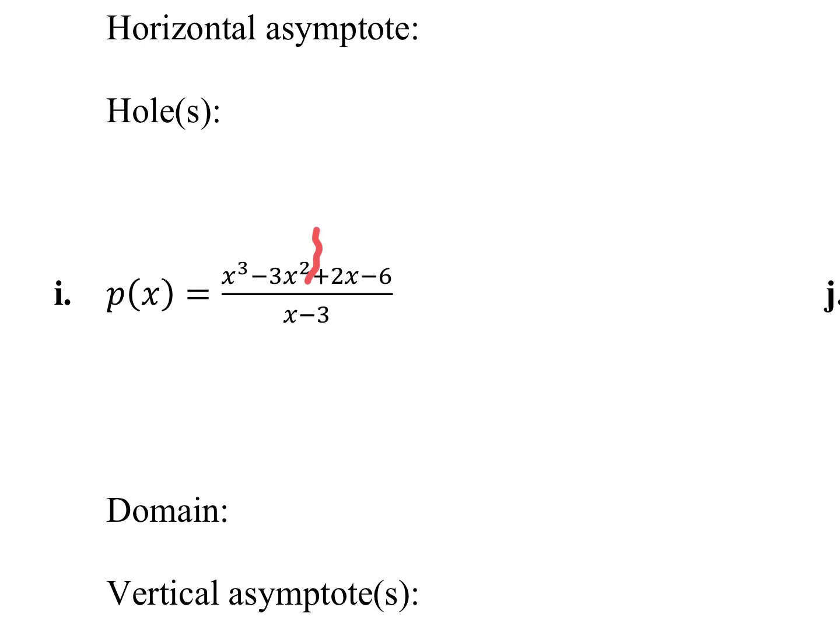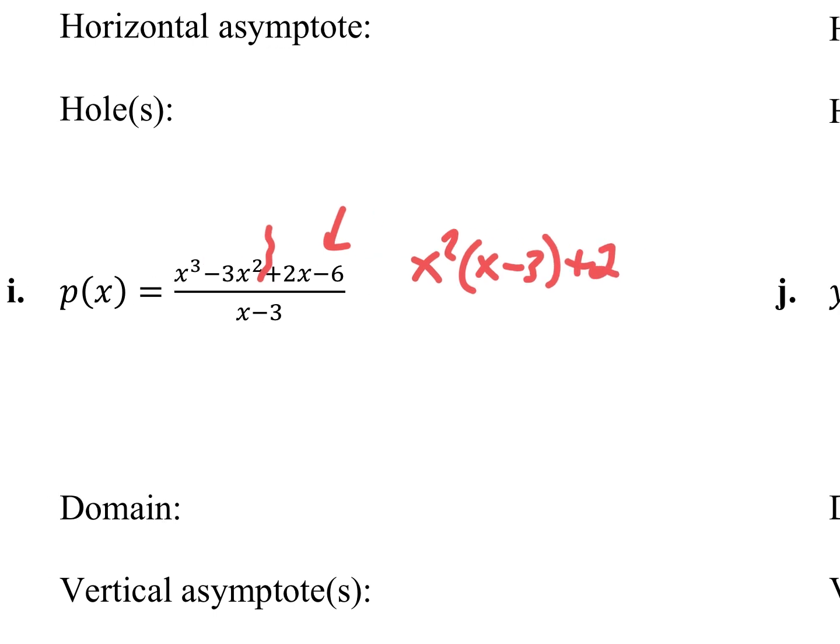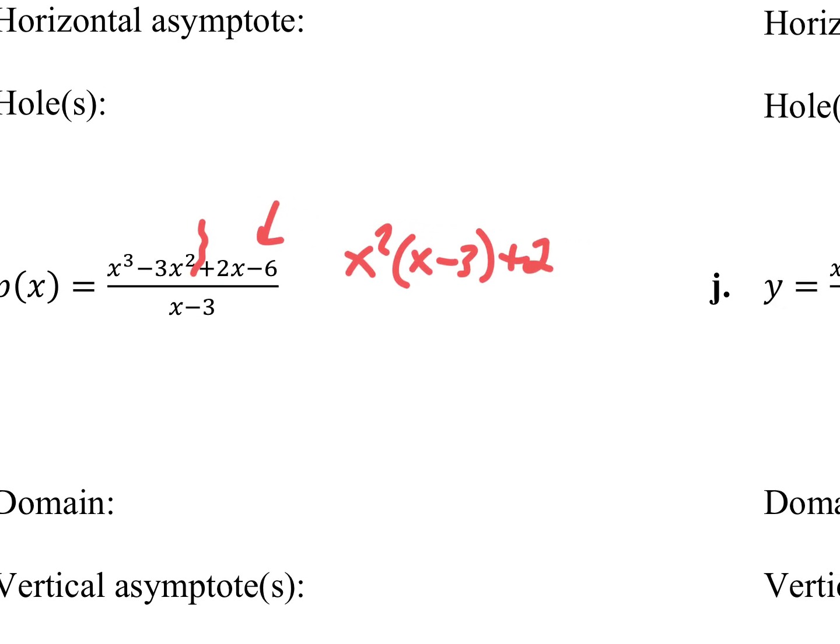Okay, so I think you should have factored this first part and realized that there was an x squared in both of them. And then what do I have left? x minus 3. On this part, there's a 2 in both of them. I'm going to put a plus 2, because otherwise, mathematically, you need that plus. And then x minus 3 here.